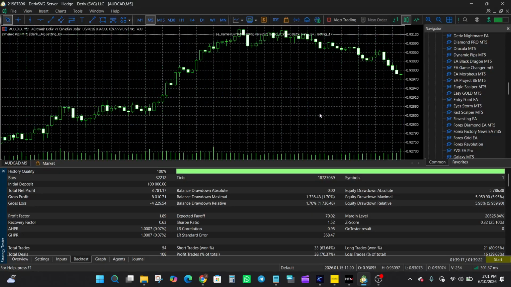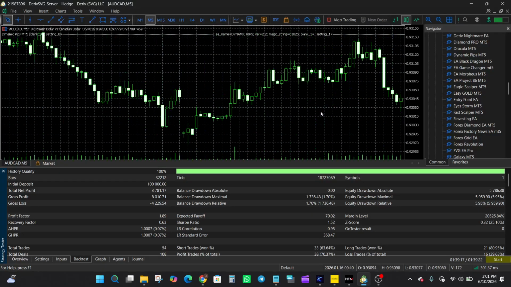All right, so now looking at the historical backtest results, it is important to treat this strictly as historical performance analysis. Results like these can vary significantly depending on broker conditions, spread, execution speed, and user settings such as risk allocation and selected pairs. Personally, I'd still recommend running longer term testing across multiple market conditions so you can get a more complete understanding of how the EA behaves over time before considering any live deployment.